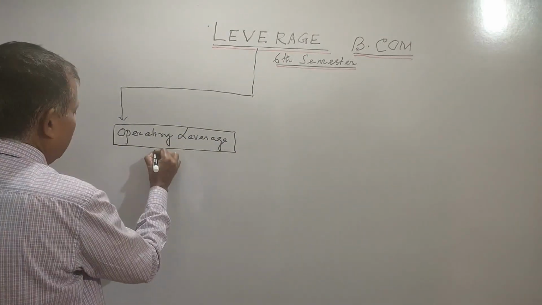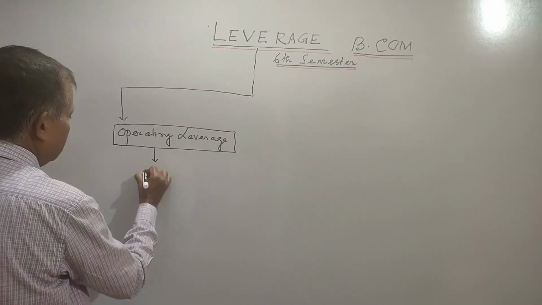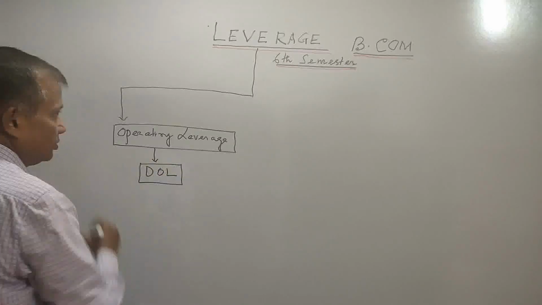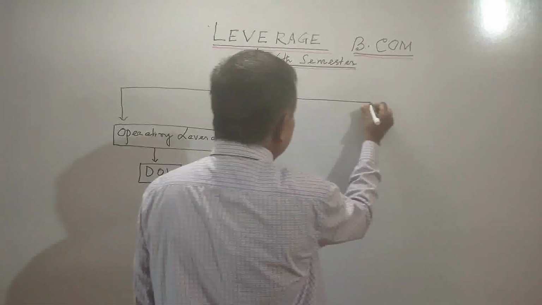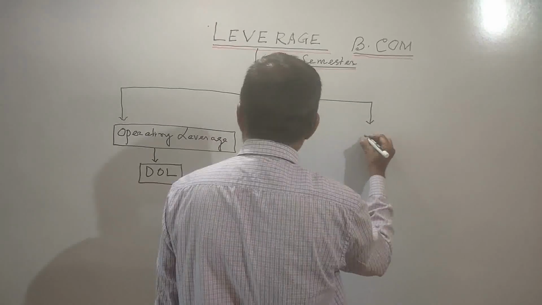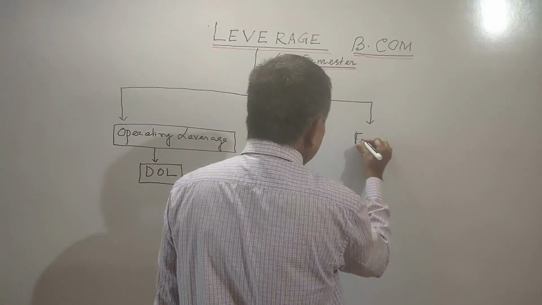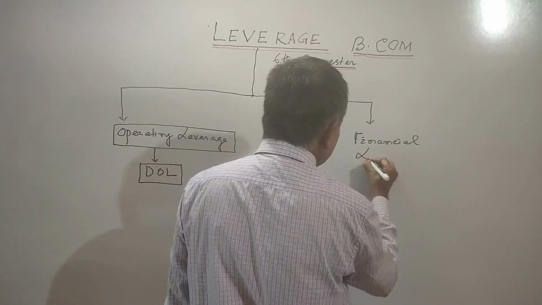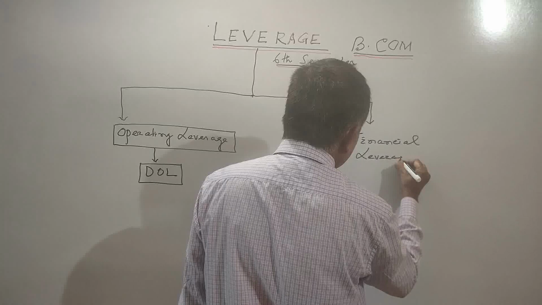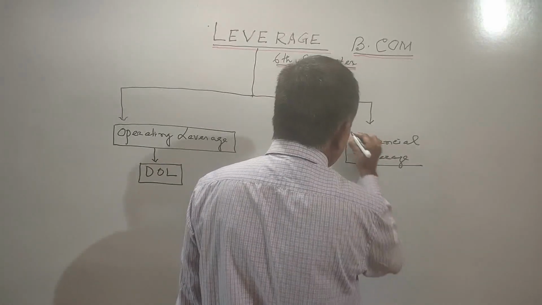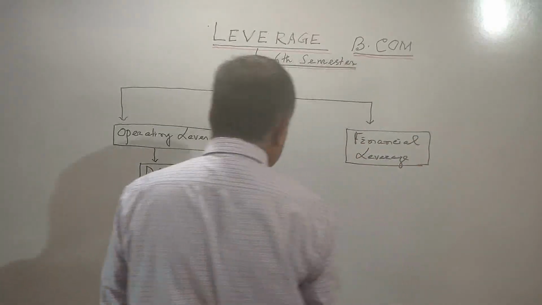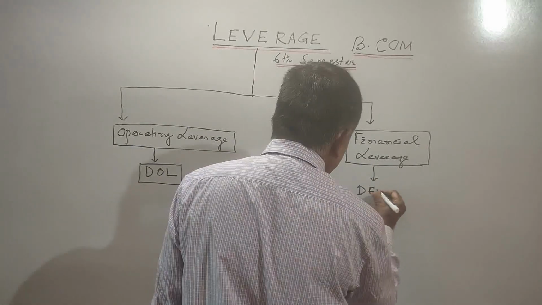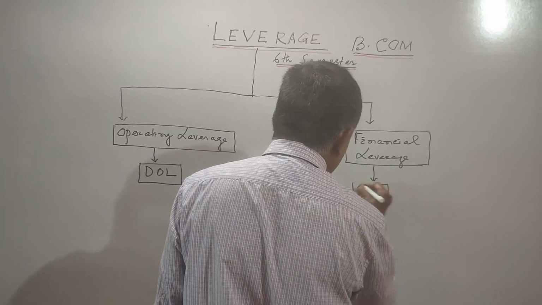It is shortly called degree of operating leverage. Another one, fixed cost, is your interest. This is called financial leverage, and this is called degree of financial leverage.